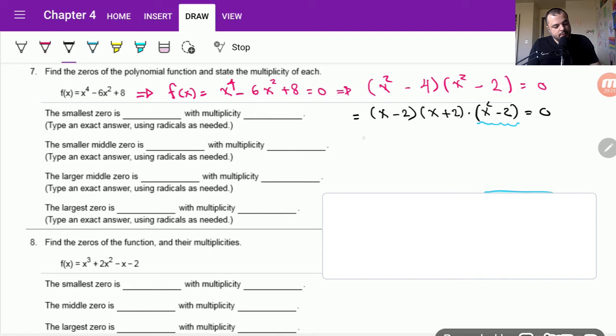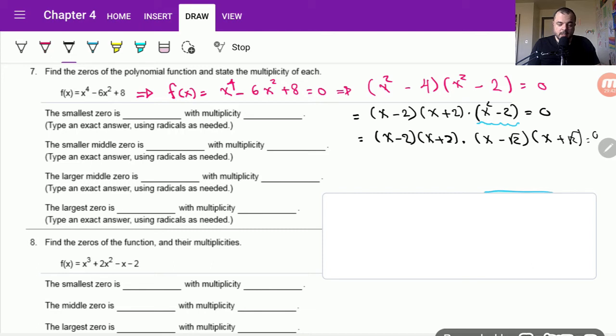So what is the first factor? x minus 2. The second factor, x plus 2. The third and the fourth factor use difference between two squares. So we have x minus radical 2 and x plus radical 2 equals 0.